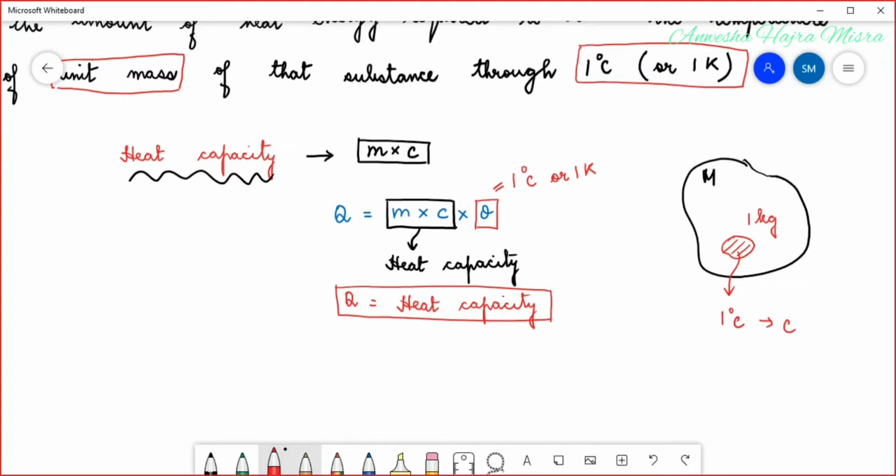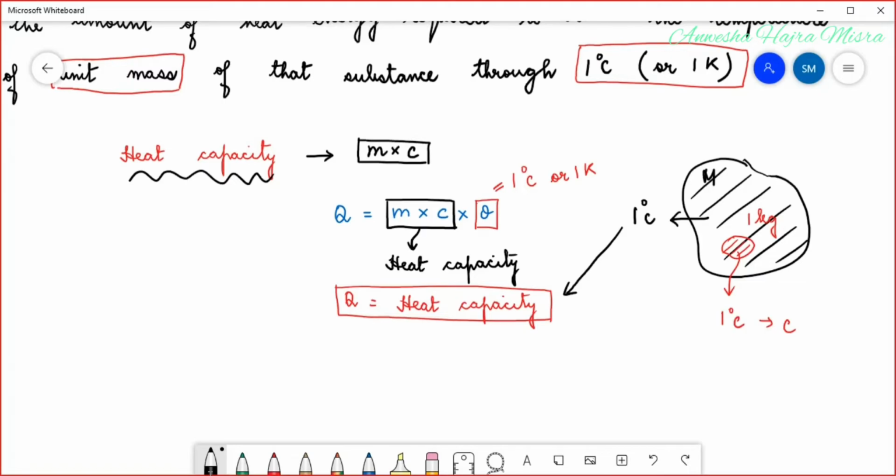And the heat required to raise the full mass through 1 degree Celsius is the heat capacity.